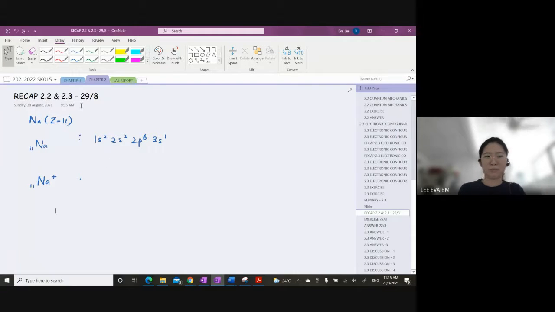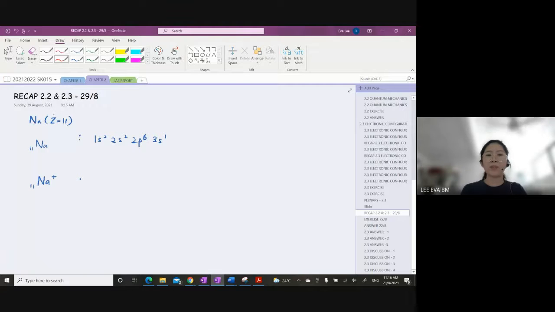I don't know. Okay, so for a little bit of revision, last lesson we have already complete chapter 2. Okay, but I still receive some of the questions. One of the questions Madam received is, Madam, what does it mean by the power? So if I give you the electronic configurations over here, this example is referred to sodium.